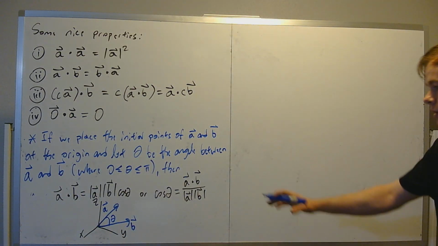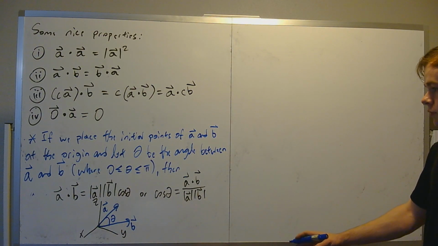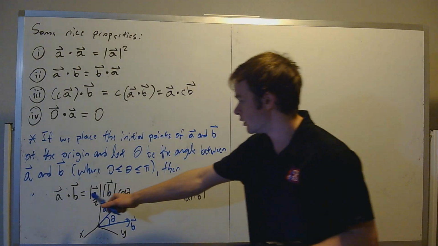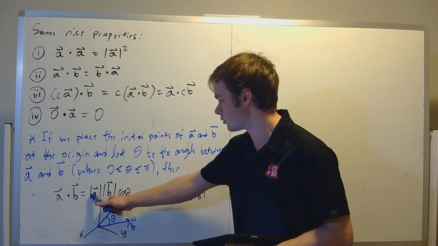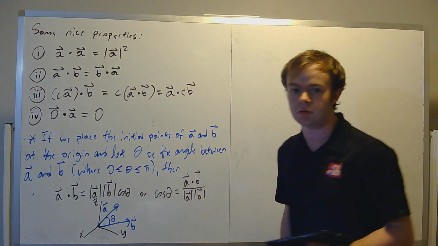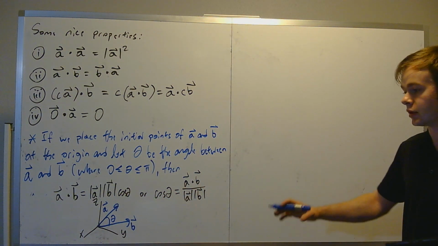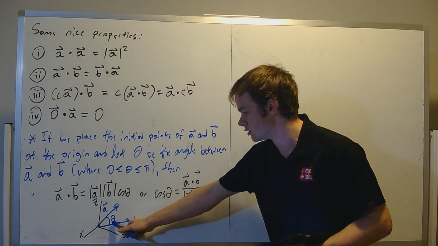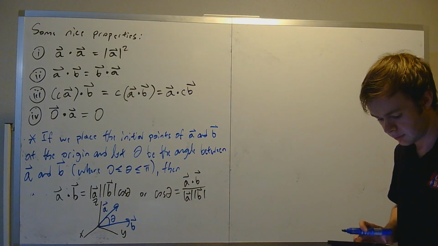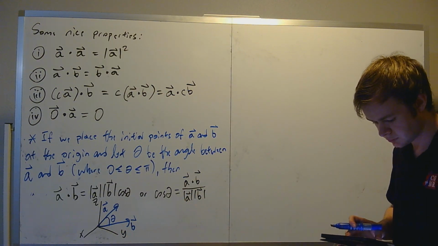So we're taking theta to be the angle between the two vectors, and we're saying that the dot product of A and B is equal to the multiplication of their two lengths times the cosine of theta. So that's the relation the dot product has with this angle.